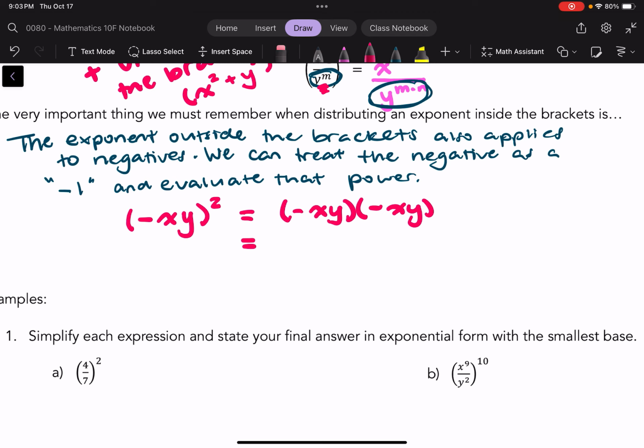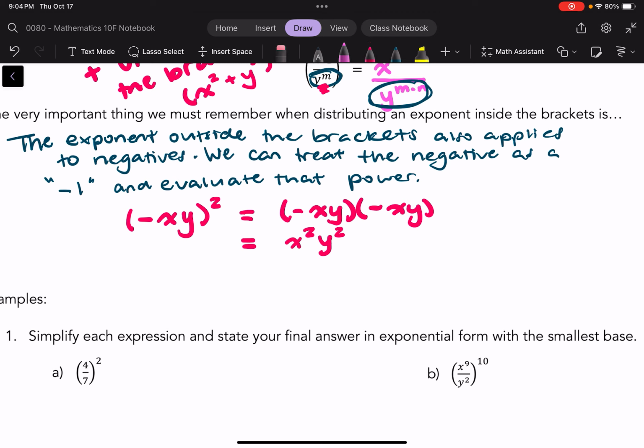I have x times x, which can simplify to x squared. And I have y times y, which will also simplify to y squared. Now notice that in this case, the negative went away because an even number of negatives multiplying together will end up with a positive.